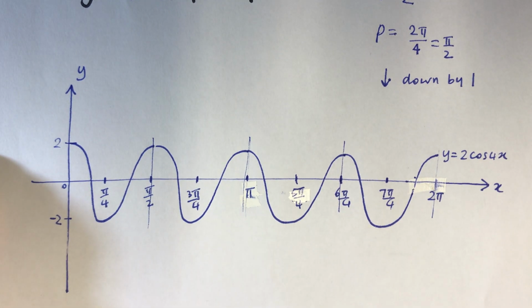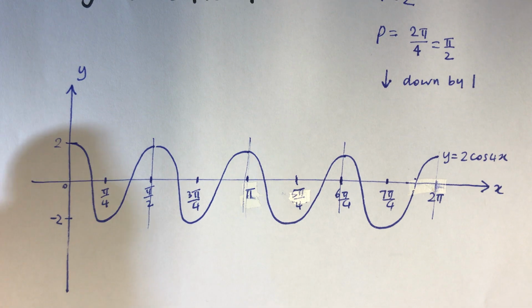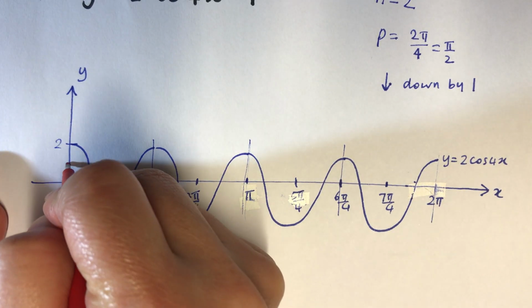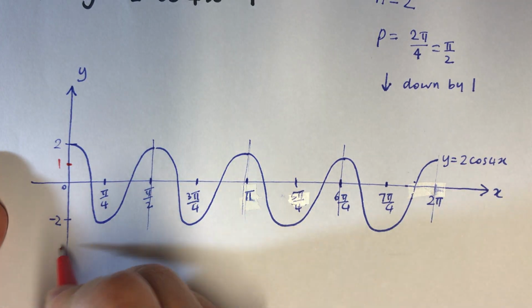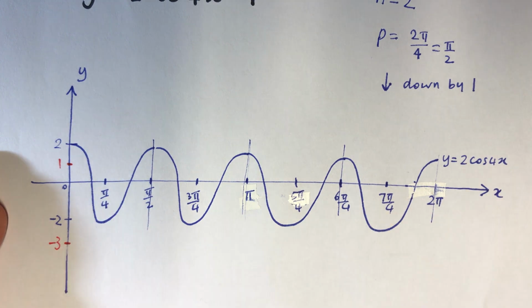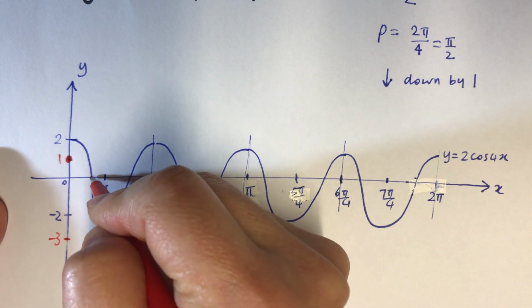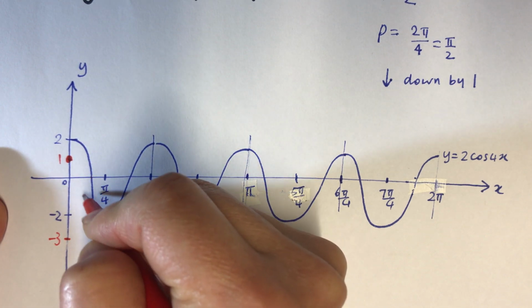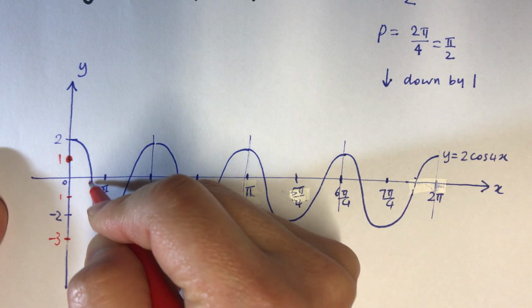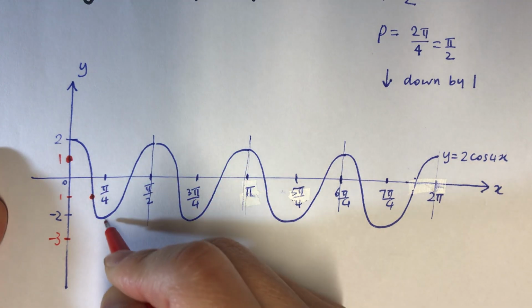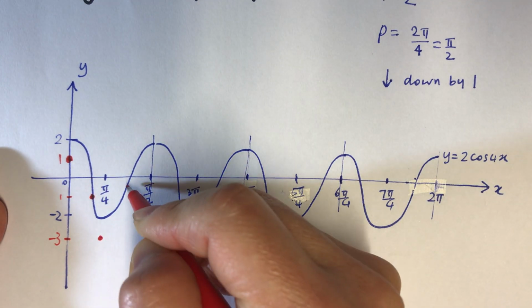Okay, so what I'm going to do, I'm going to bring this down by 1. So it's going to be 1 here and minus 3 here. So that's 1 here. That will be down to 1. And the 2 down to 3.